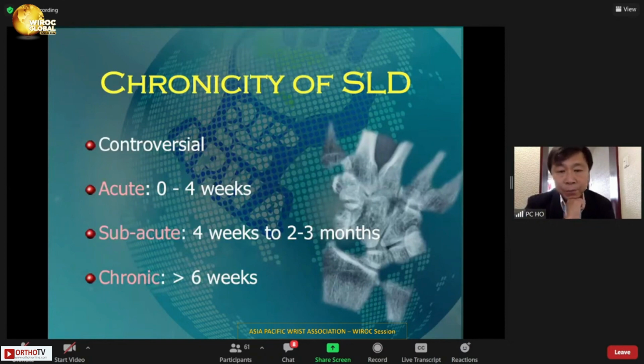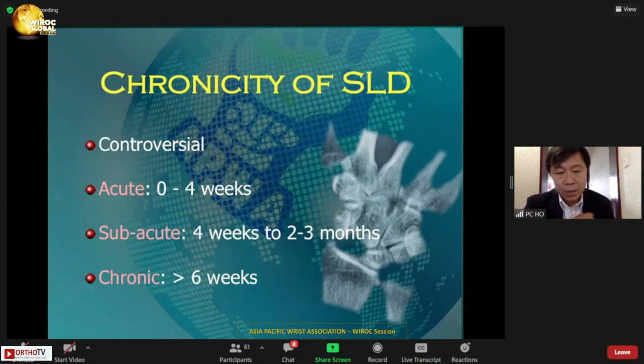This is always controversial. Many authors, including me, would consider 0 to 4 weeks acute, but the subacute period is very diverse, from 4 weeks to 2 to 3 months. But in my opinion, and perhaps in others' opinions, anything more than 6 weeks will become very difficult to repair.